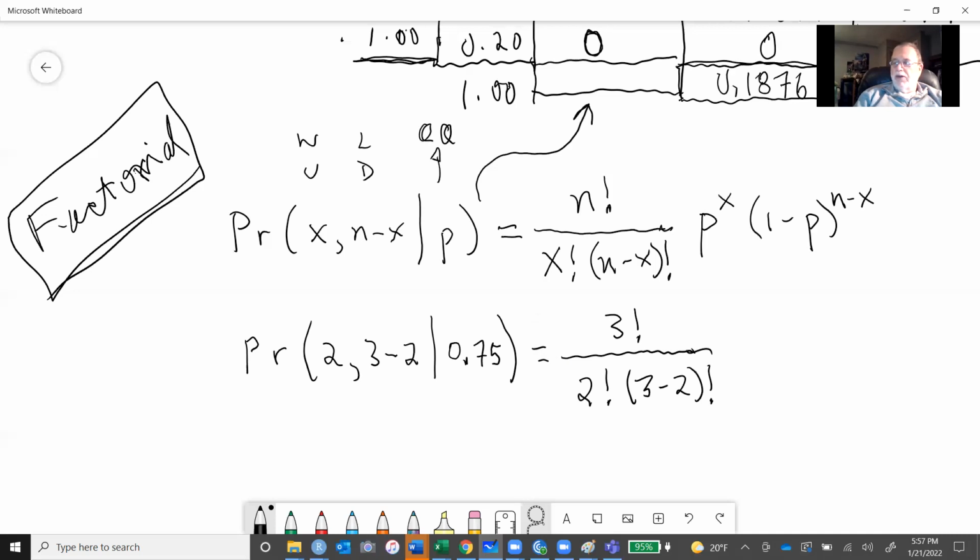There are 3 people who can enter the classroom. How many ways can they enter the classroom? Well, 3, then 2, and then 1. All right. 3 times 2 times 1 is 6.